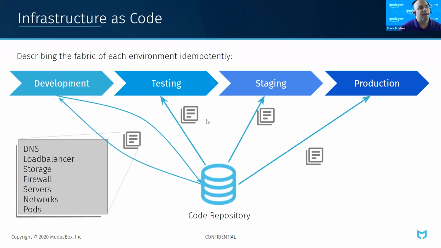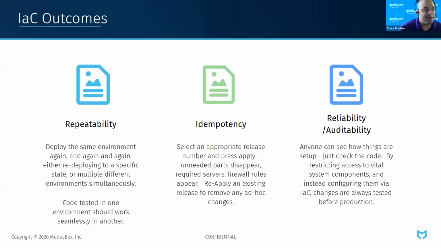So infrastructure as code helps us alleviate that by describing items like DNS, load balancing, storage, firewall, servers, networks, and Kubernetes pods and applications all as code, which means that the infrastructure that you build in development can be tested and staged before it gets to production, which gives you repeatability of each environment again and again where it's deployed.